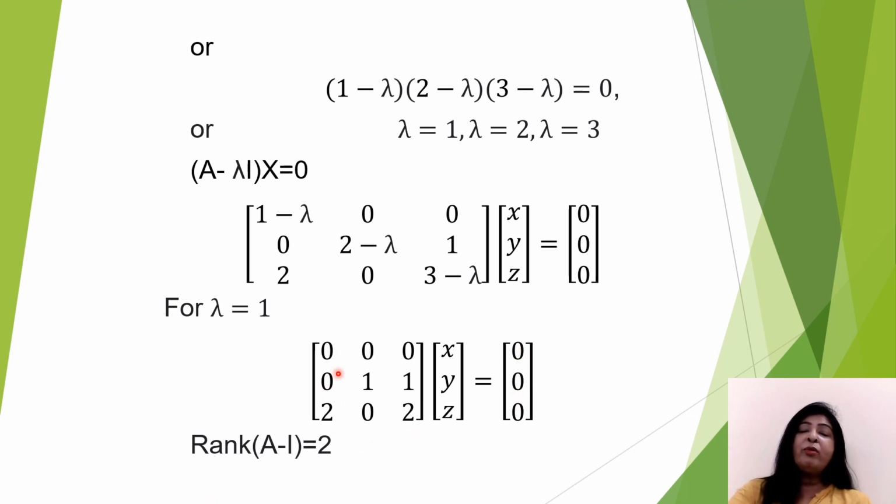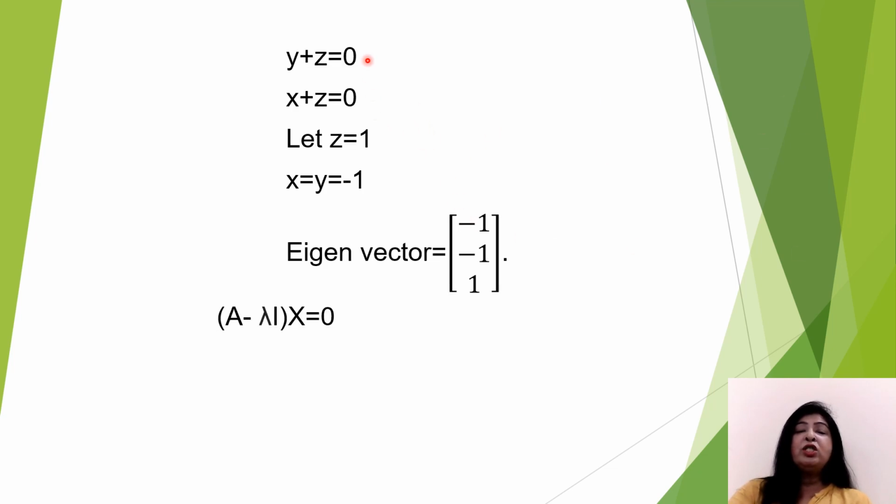Now you can check from here that rank of A minus I is equal to 2. Now I will just multiply these. On solving it, you will get y plus z is equal to 0, x plus z is equal to 0.